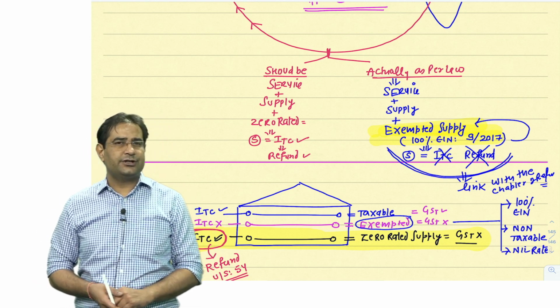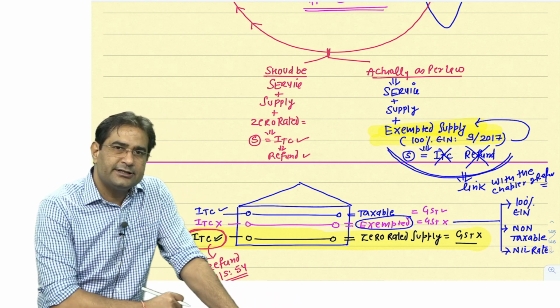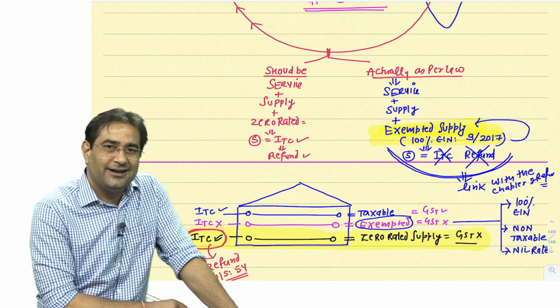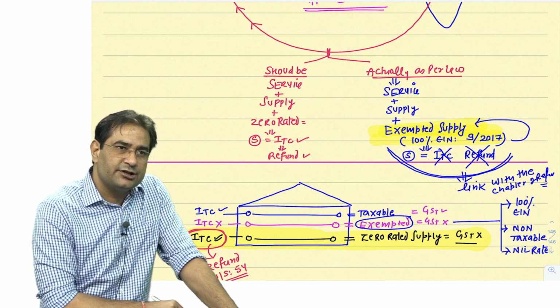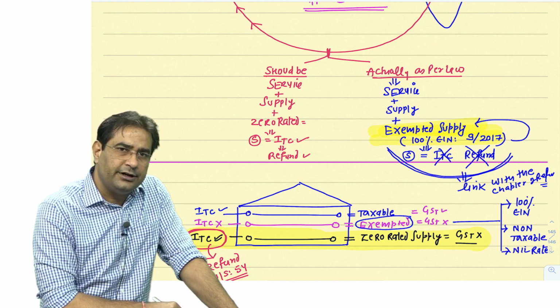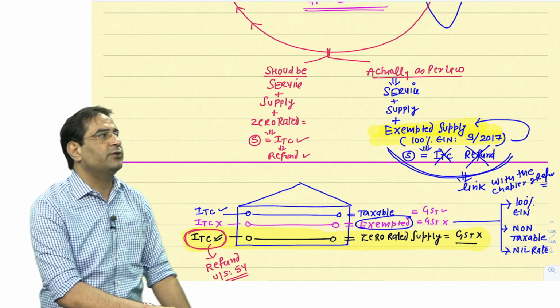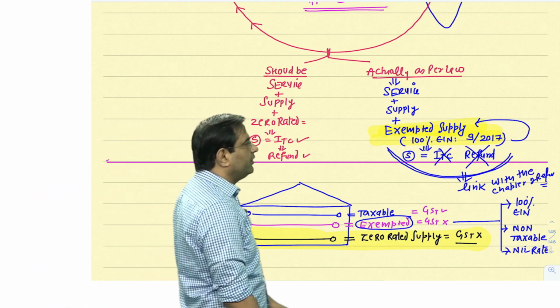Now the final question is this: if exempted services are exported, whether those services would be treated as zero rated supply or not. This is my question.